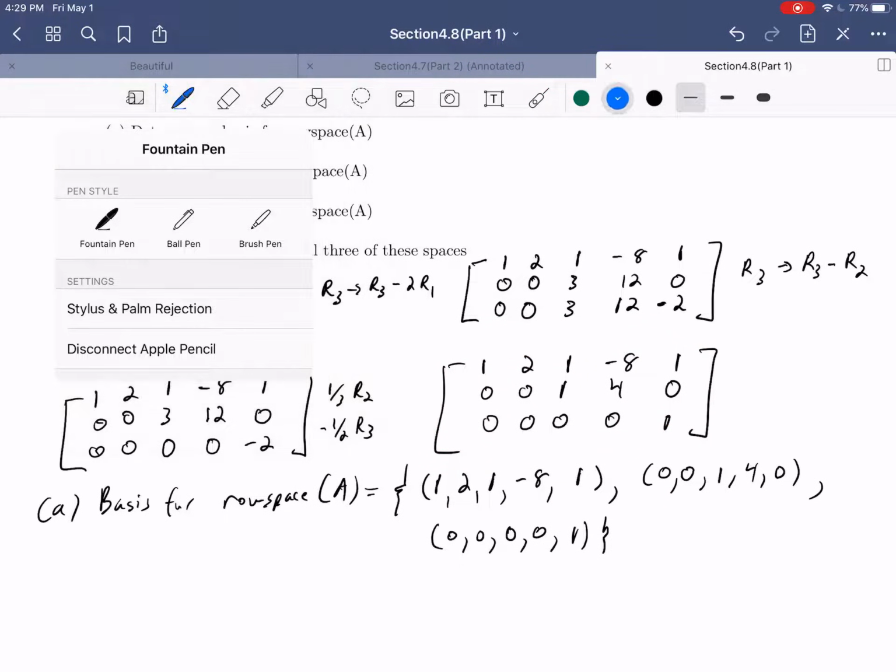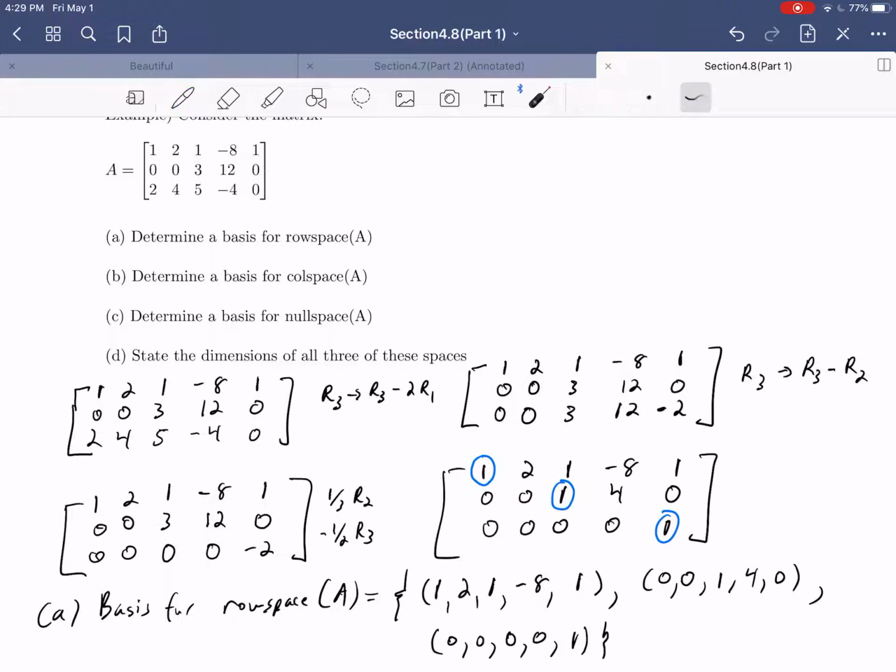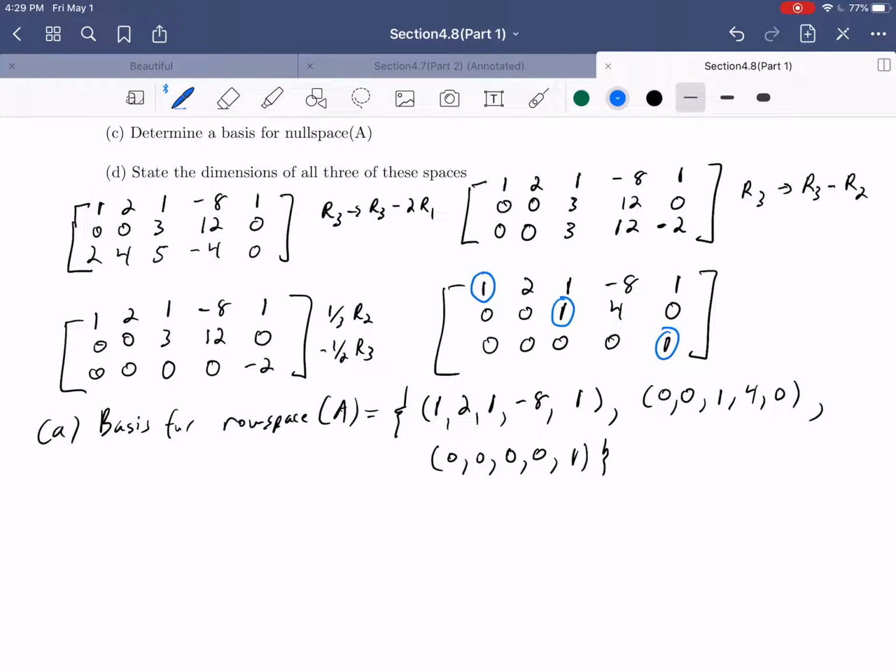Okay, we can also use this to quickly get a basis for the column space. We can see that the important sort of pivot columns are column 1, column 3, and column 5. So the basis then for the column space of A will be these 3 columns there. So we can go ahead and do that as well.